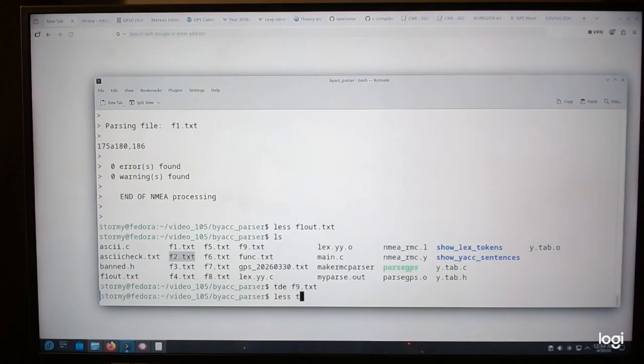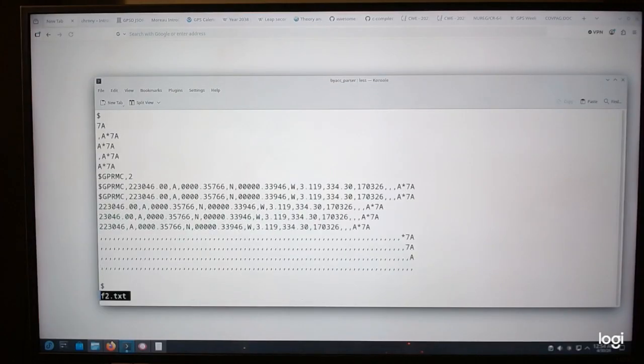Now I created this file my own self because I would see various different kinds of sentences, and so there's one line with $1 in it, one line with those checksums, various checksums.